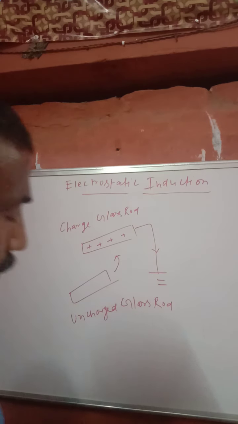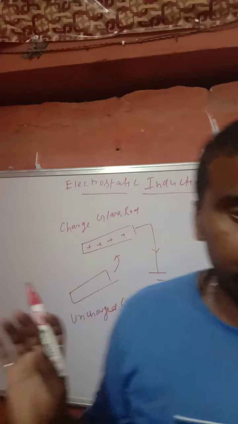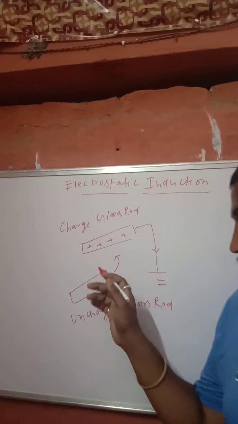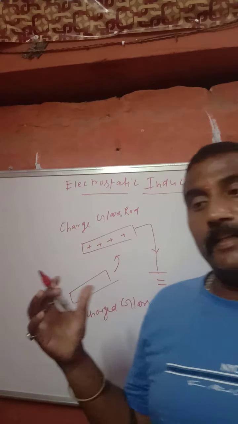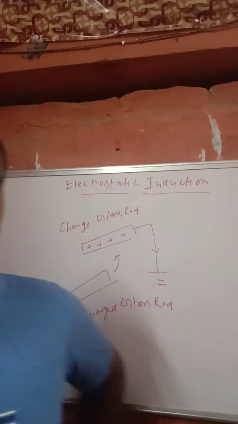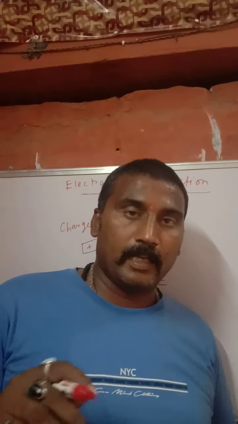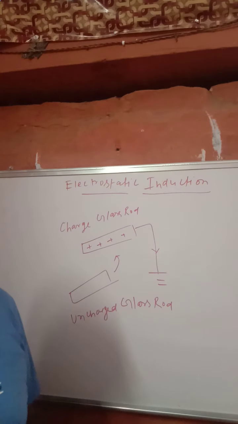We observe in the given figure a charged glass rod and an uncharged glass rod. The uncharged glass rod always moves in the direction of the charged rod. That process is known as electrostatic induction.